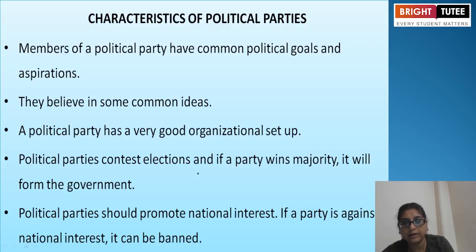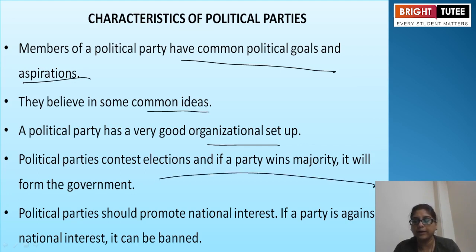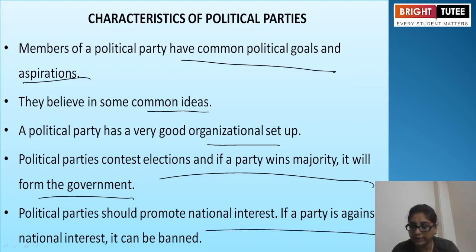Now, there are different features of political parties. Members of a political party have common political goals and aspirations. They believe in some common ideas. A political party has a very good organizational setup. Political parties contest elections. If a party wins a majority, it forms the government. Political parties should promote national interest. If a party is against national interest, it can be banned.